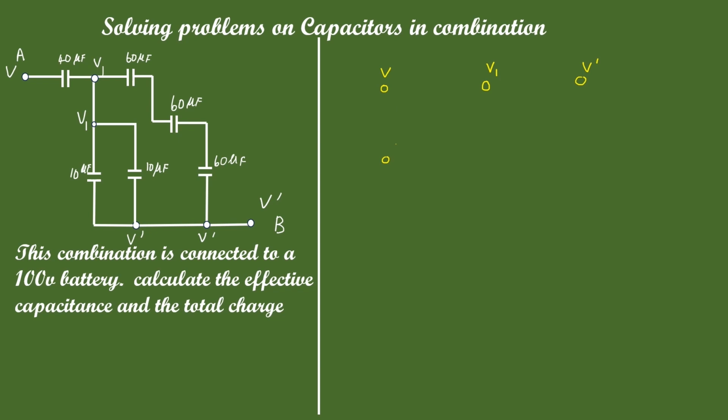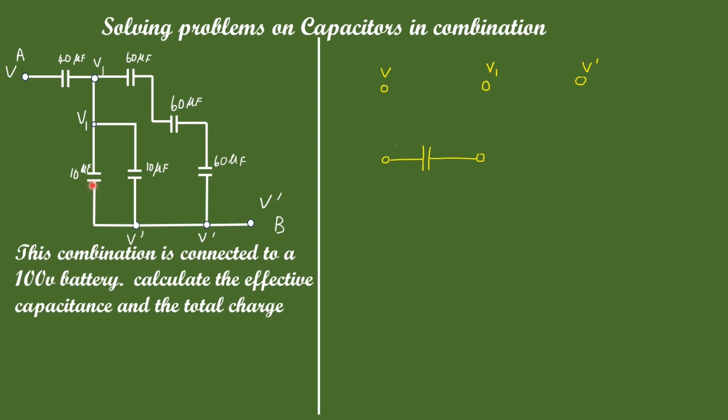In the given problem, between V and V1, there is one capacitor. The capacitance is 40 microfarad. We will make a representation of that capacitor. From V1, we find there are three paths. We have to see the different capacitors there and represent them. They are between V1 and V dash.